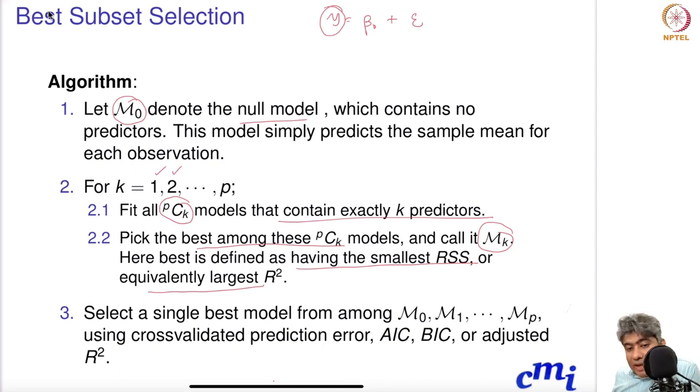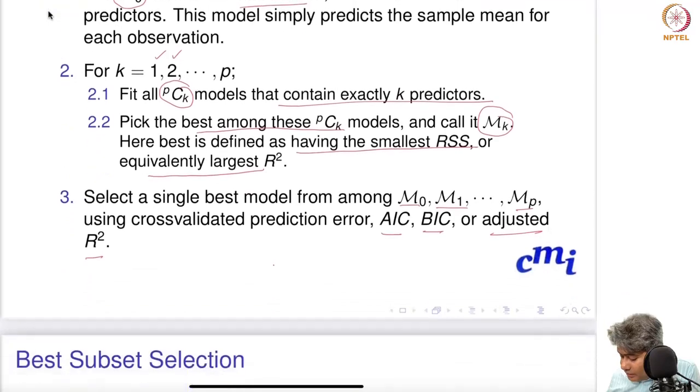Then select the single best model among M0, M1, up to MP using the cross validated prediction error, AIC, BIC or adjusted R square. So this is what we typically do in best subset selection.